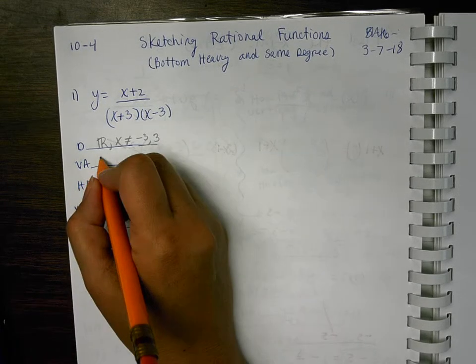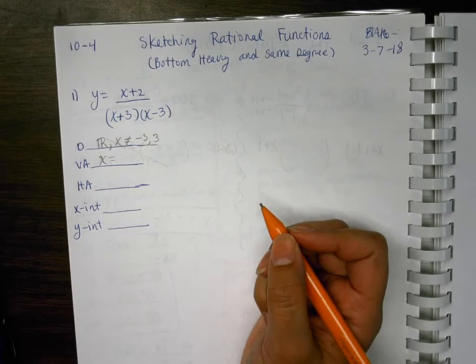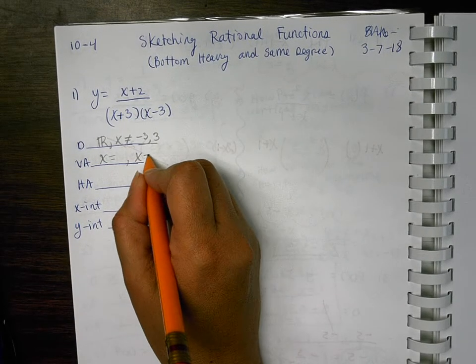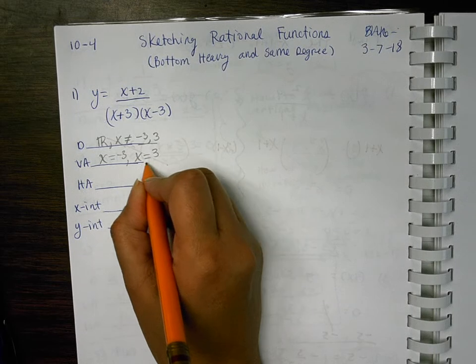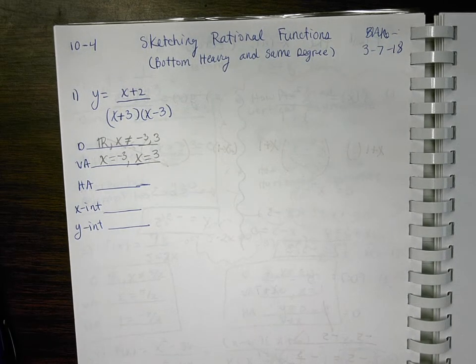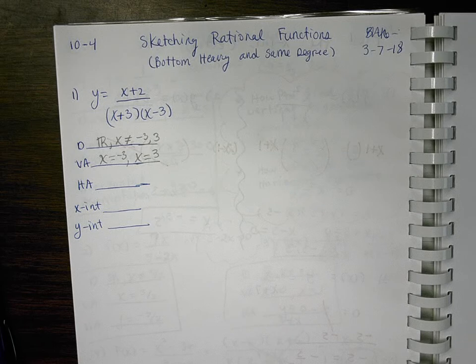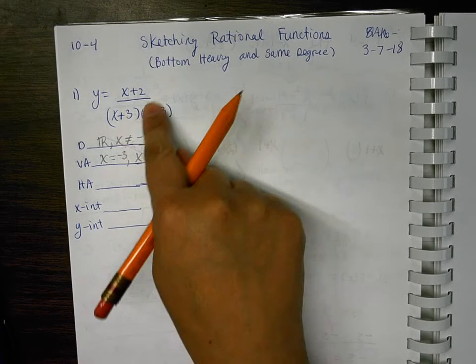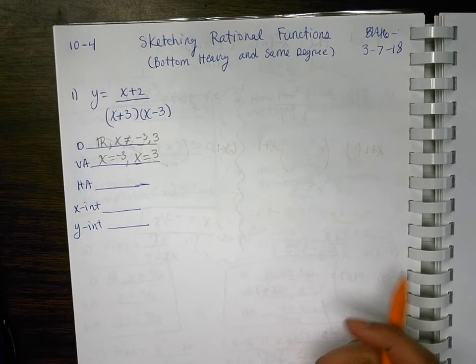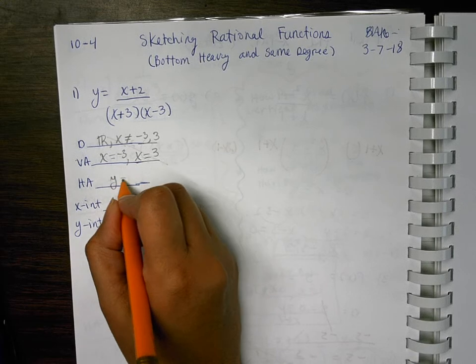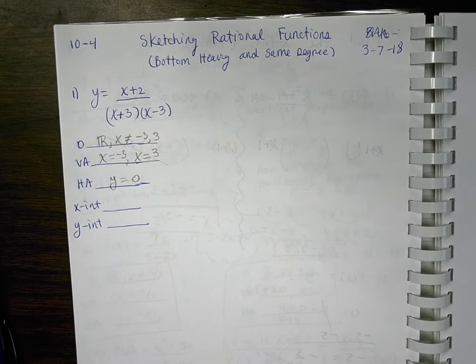No. Okay, vertical, x equals, can I put plus or minus 3? No, x equals -3 and +3. Horizontal, we take the limit as x approaches infinity. And what happened? Is it top heavy or bottom heavy, or the same? Bottom, which means y equals 0.